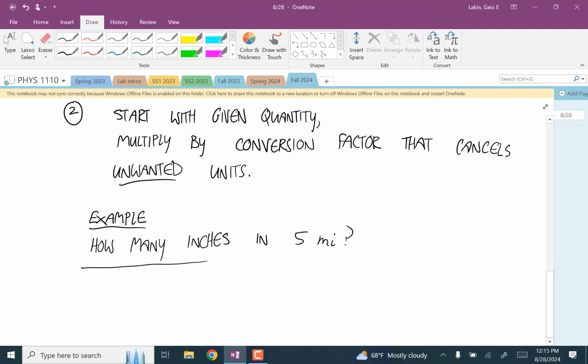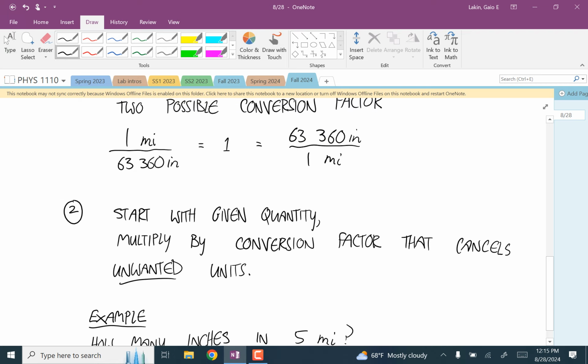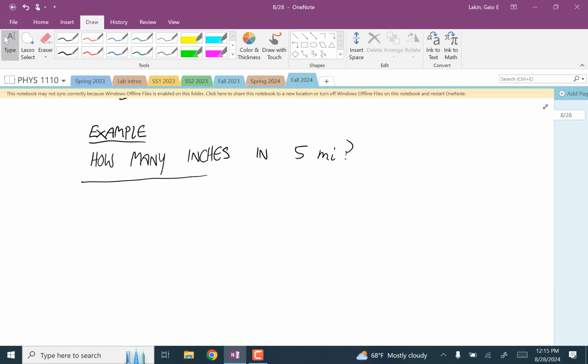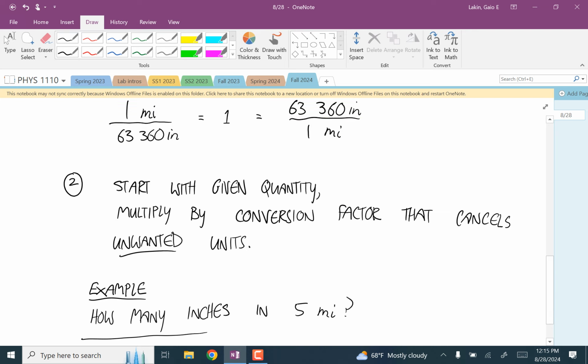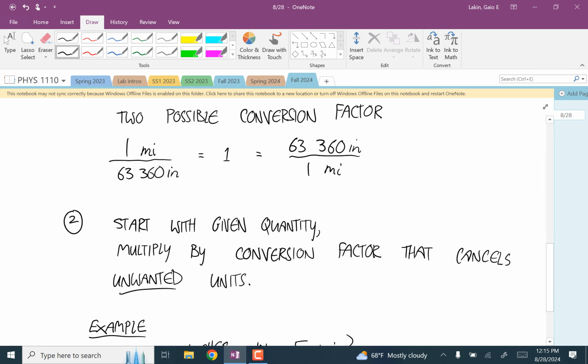Well, what we have here are the two possible conversion factors that relate miles to inches. Okay, so we're going to start with 5 miles. That's the given quantity. And now miles are an unwanted unit. We don't want that. We want to end up in inches. Okay, so we're going to multiply by the one of these two ratios that cancels the miles.